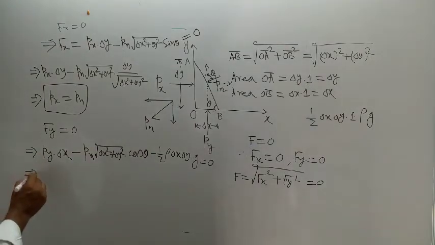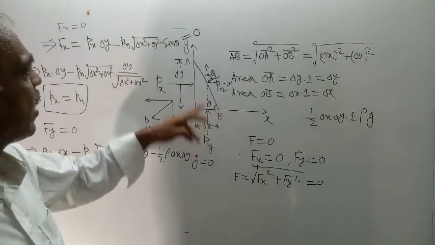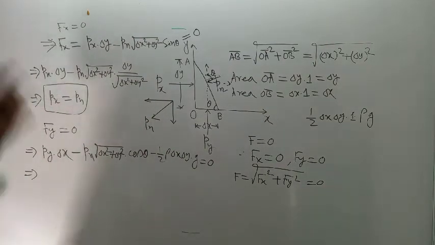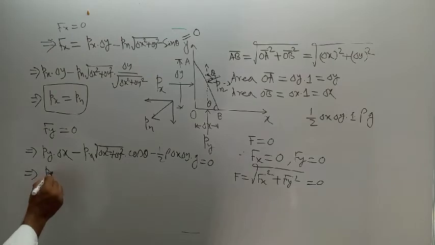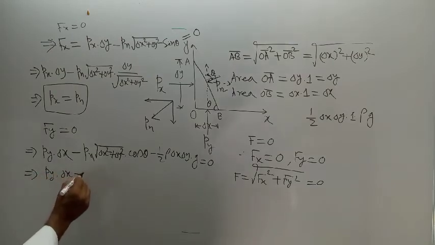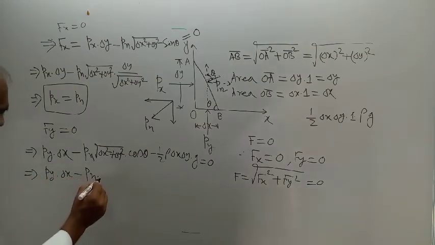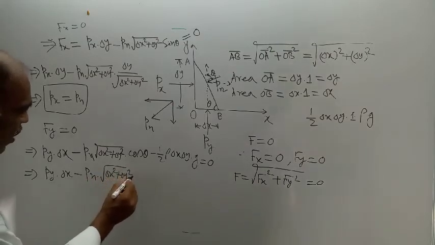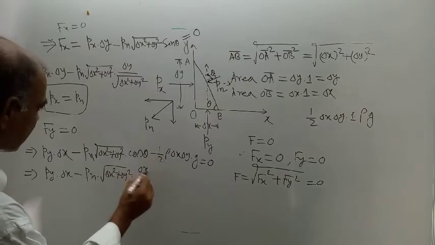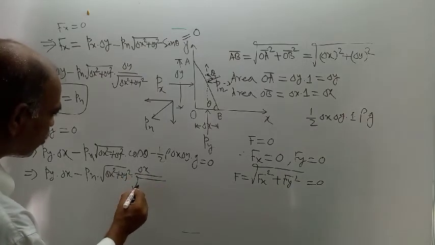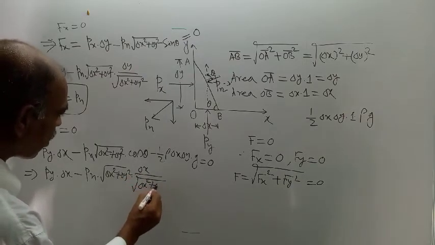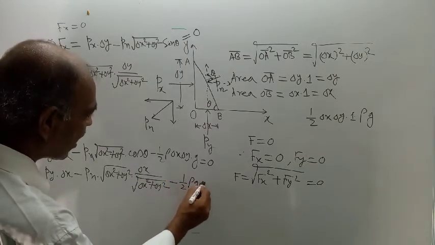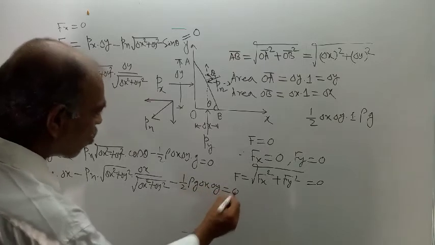Now, cos theta is how much? Cos theta is equal to delta x divided by this length. So, Py into delta x minus Pn into root over of delta x square plus delta y square into delta x divided by this hypotenuse, delta x square plus delta y square, minus half rho g delta x into delta y, which is equal to 0.